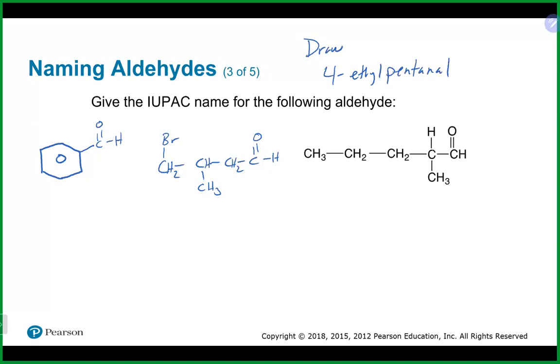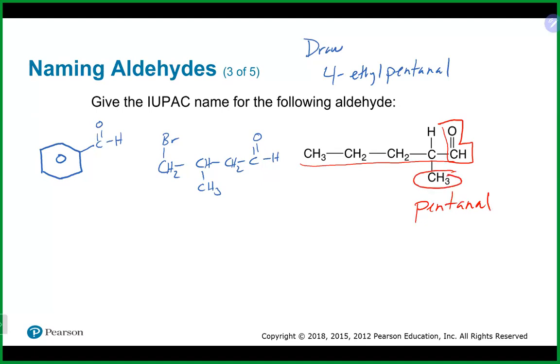We'll start with the one that was on the page originally. The longest carbon chain that contains the functional group, which is right here, our carbon-oxygen double bond with our hydrogen, is 1, 2, 3, 4, 5 carbons, which means it is going to be pentanal. We do have a methyl group right there.